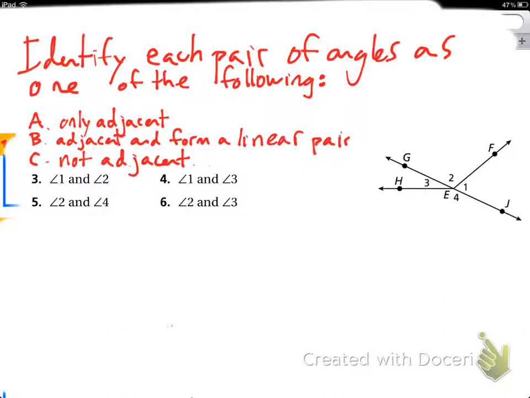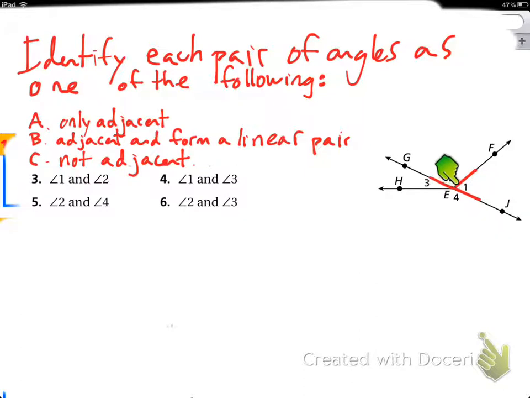So I'm going to point out these angles here by highlighting them. Angle 1 and angle 2. What do you notice about these? Well, first of all, are they adjacent? Yes, they are adjacent.